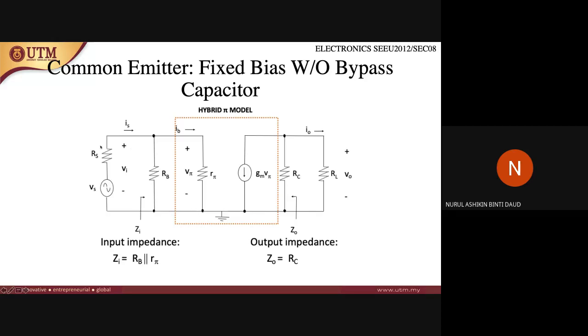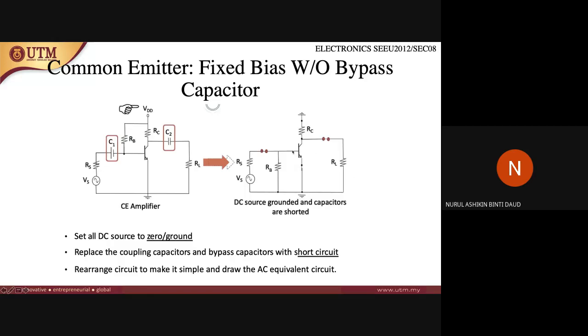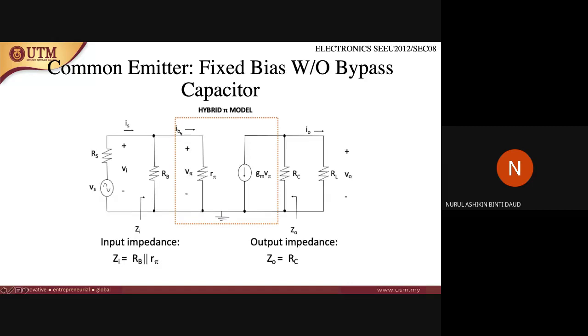The current of the base is counted after it goes through these two resistors. It does not start from here, it starts from here. So the current of the base is from here.